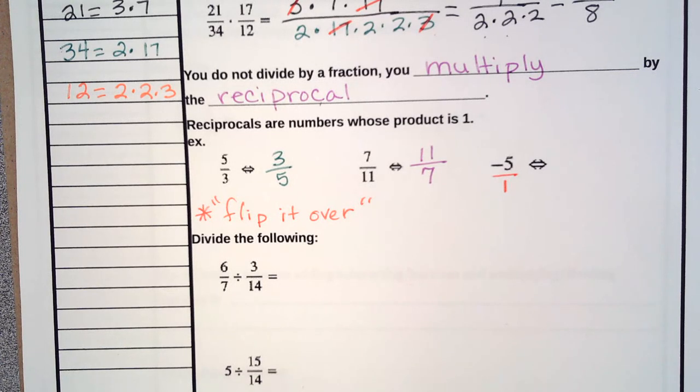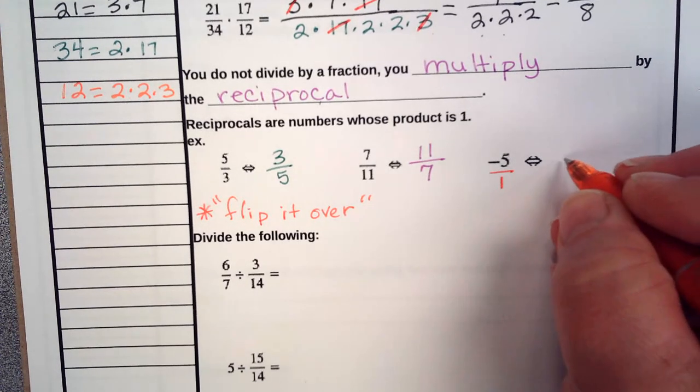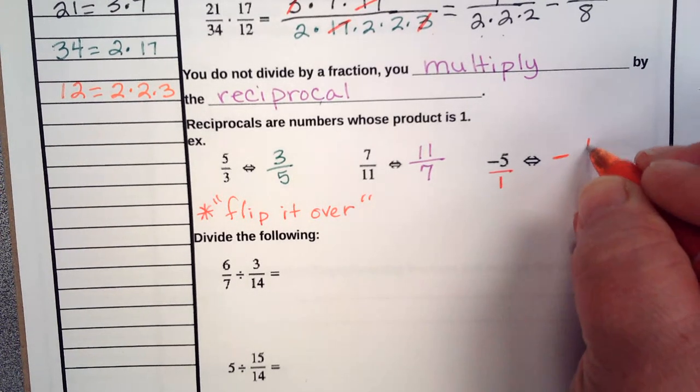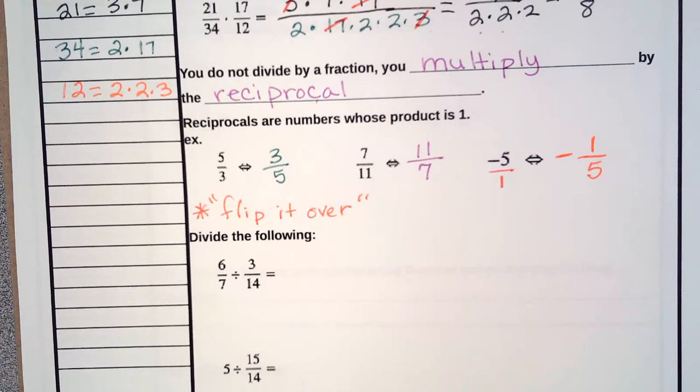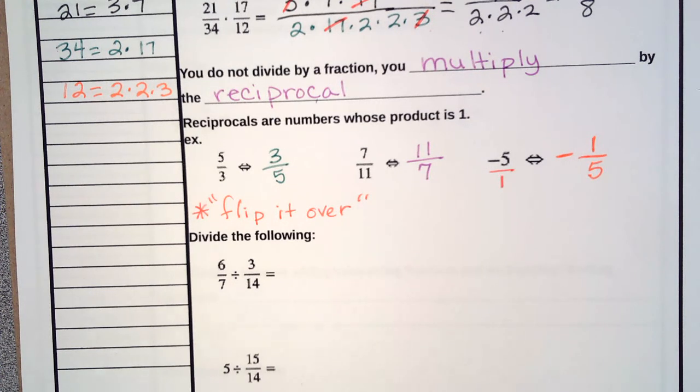So when I turn this one over, it becomes a negative 1 over 5. Remember, you keep that negative sign because it must be 1 when you multiply them together. Negative times negative is a positive.